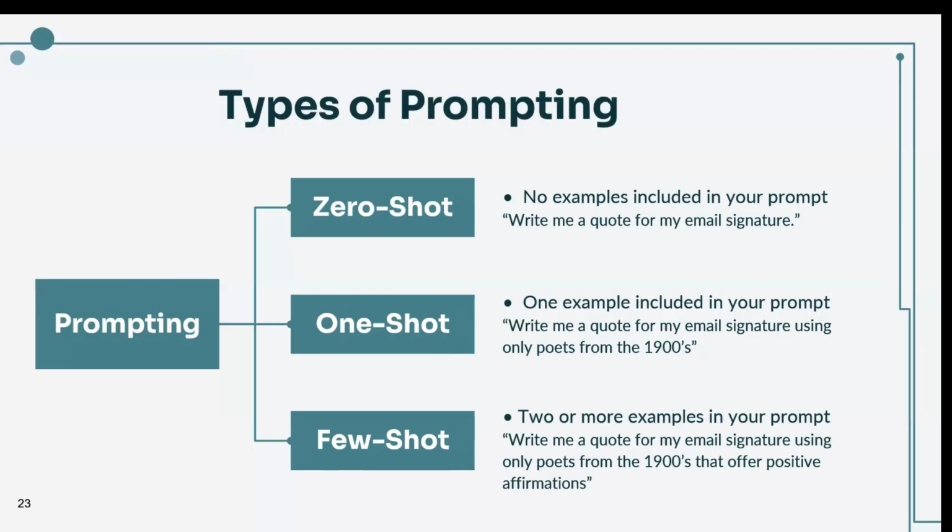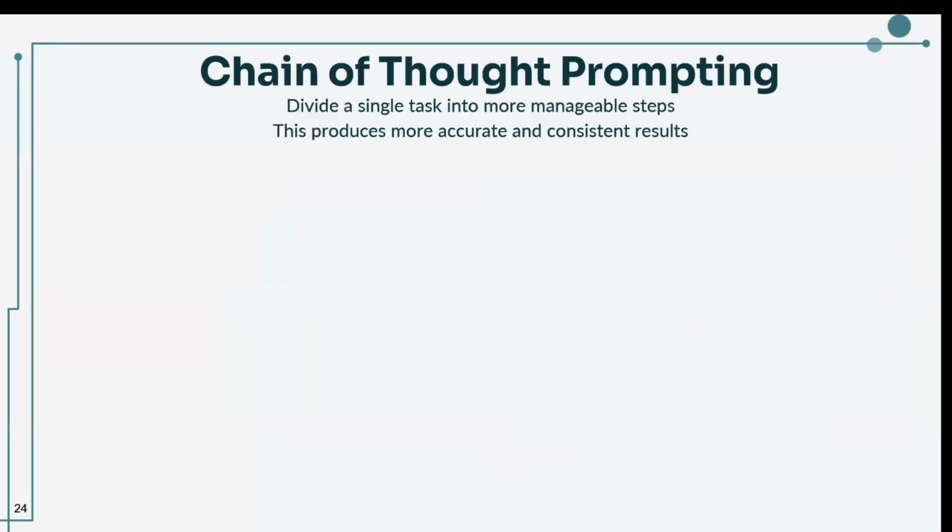So in our prompt here, we've got write me a quote for my email signature using only poets from the 1900s that offer positive affirmations. So now the AI is going to go, okay, you want a signature, you want a quote from 1900s, and it has to be a positive affirmation. So rather than AI letting it go and explore the entire universe, you're narrowing its scope so it can give you much better results. So that's the key to understanding when you prompt, the more examples you give in your prompt, the better.